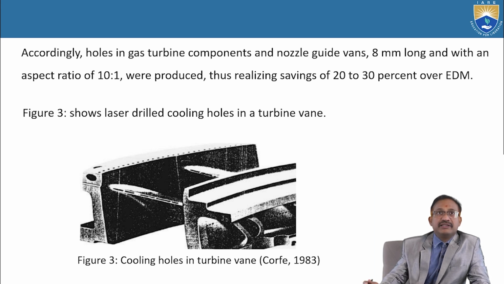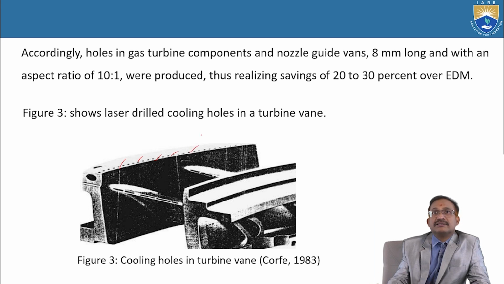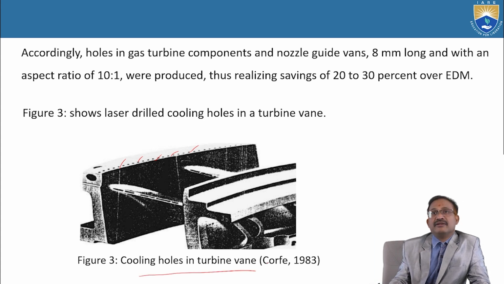Here figure 3 shows laser drilling of cooling holes in a turbine vane. So you can visualize very small tiny holes on the turbine vane, cooling holes in a turbine vane by Korf during 1983.